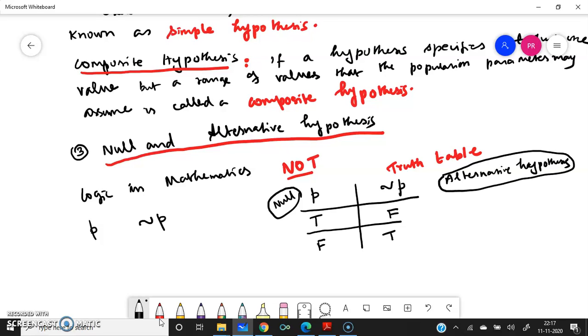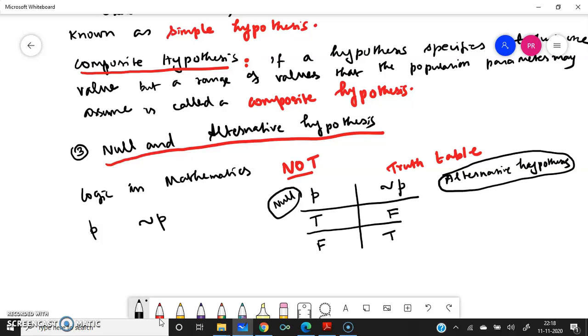What I mean by this: suppose the null hypothesis is true, that means you are sure that the alternative hypothesis is false. Instead of telling it like that, I can say I will test the alternative hypothesis. If the alternative hypothesis is false, then I am sure that the null hypothesis is true. If my alternative hypothesis is true, then my null hypothesis is false.